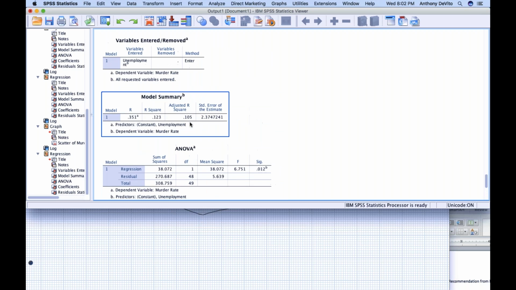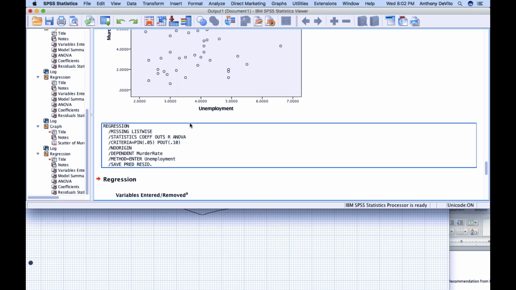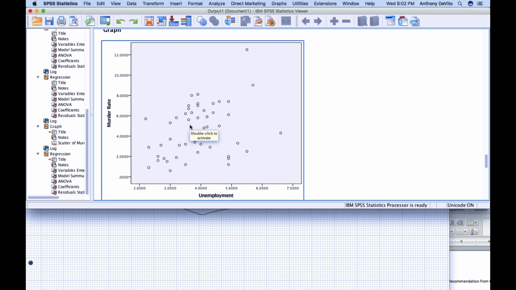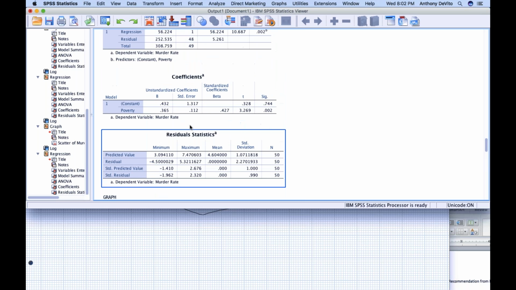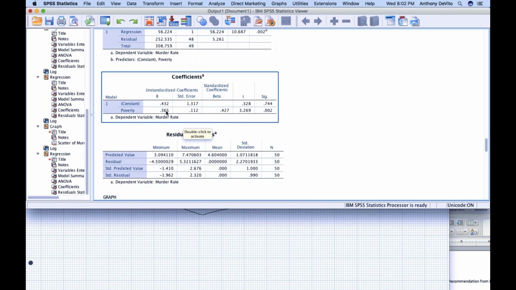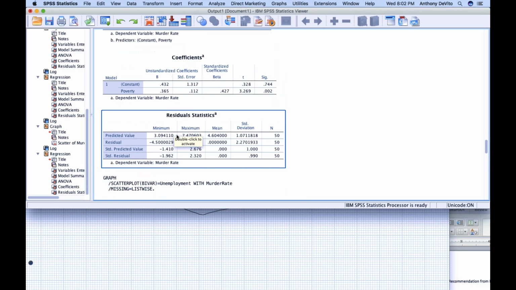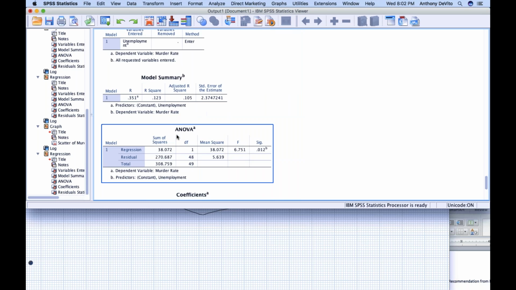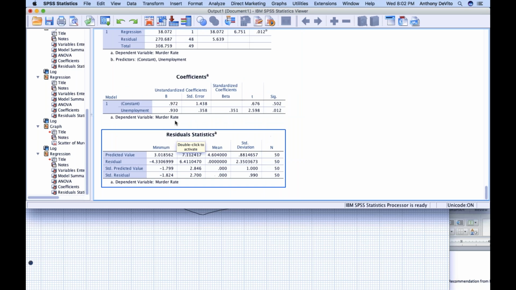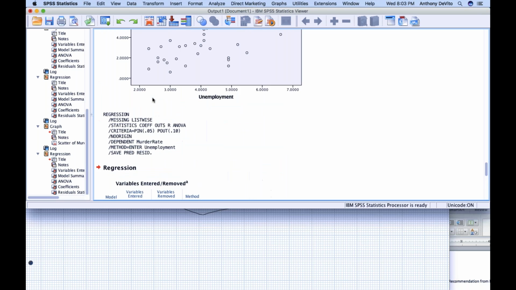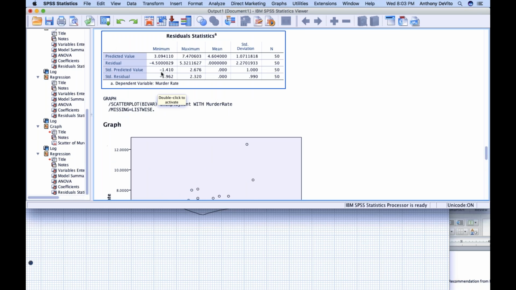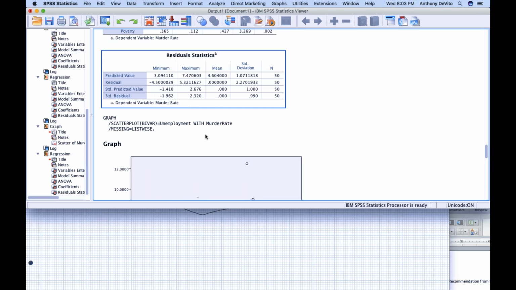So let me go back up here to the murder rate and poverty. The slope on this line was 0.36. So it seems like a 1% increase in the unemployment rate will increase the murder rate more than a 1% increase in the poverty rate.